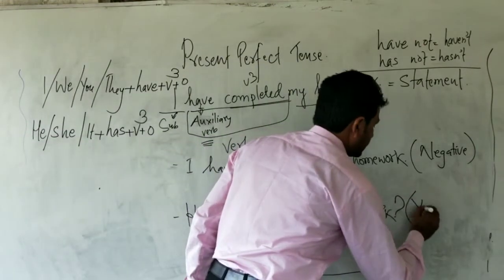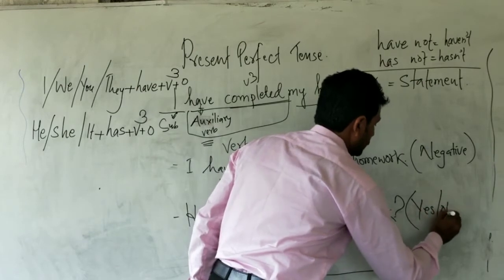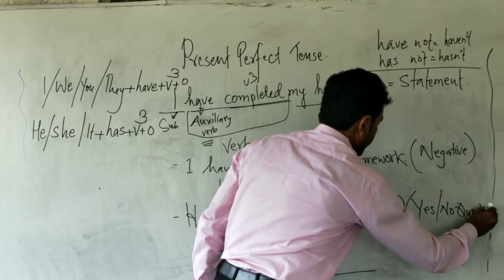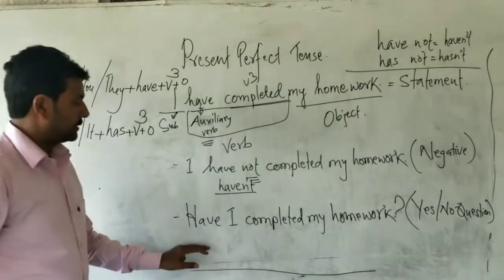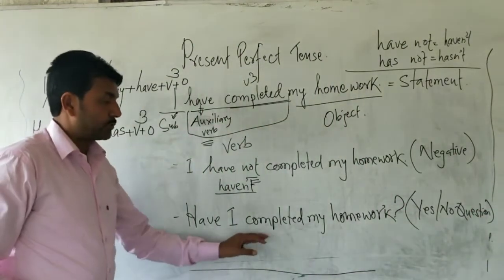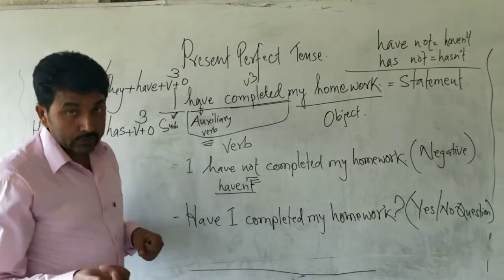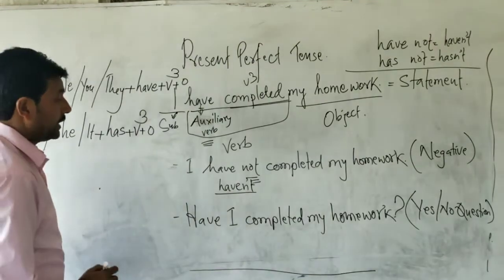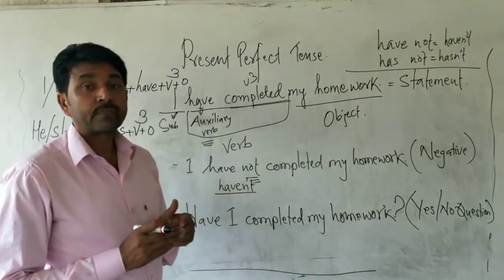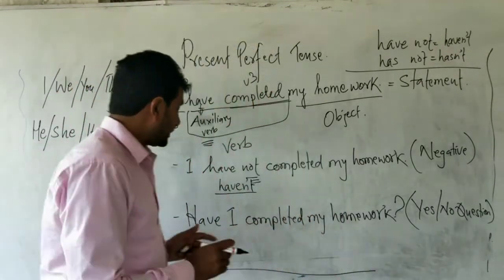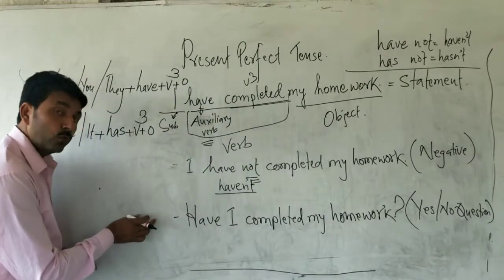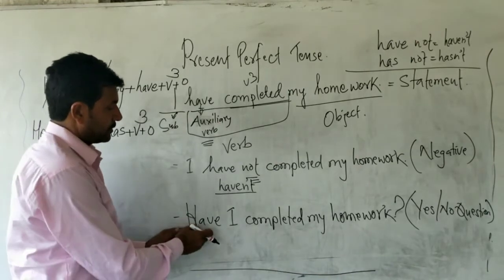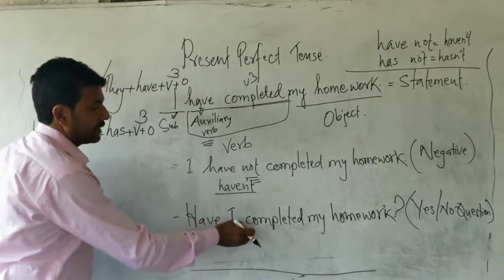This is a yes/no question. You can answer this type of question in yes or no. If you want to use a WH question, just add the WH word here. For example, what have I completed?